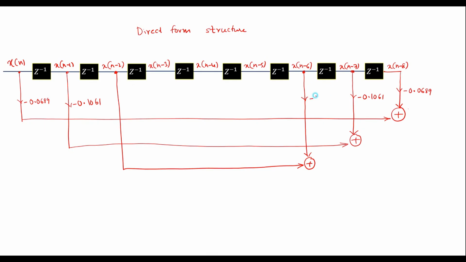That is minus 0.1378. Here also it is minus 0.1378. Similarly, x of n minus 3 and n minus 5 coefficients are same. So this is minus 0.159. This is also minus 0.159.